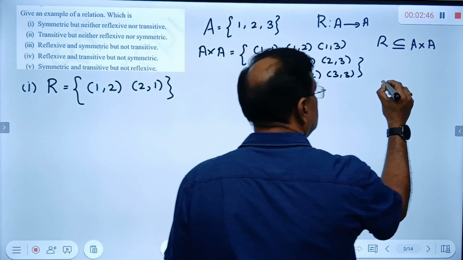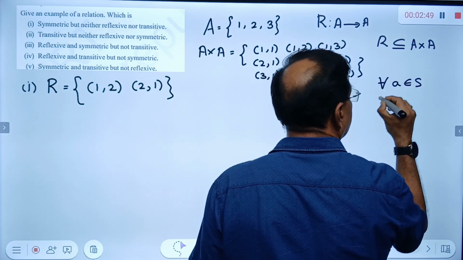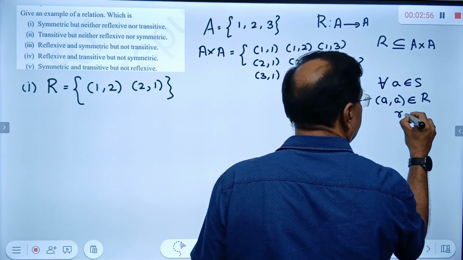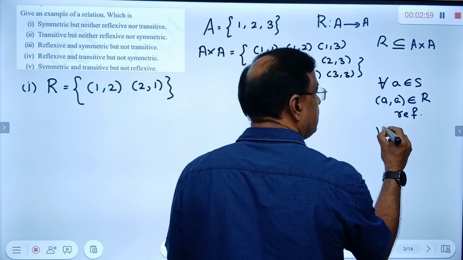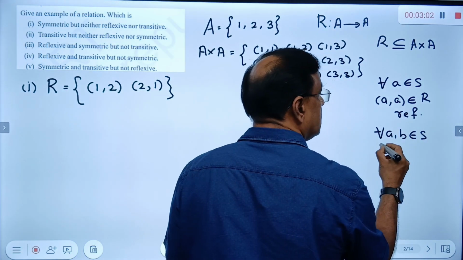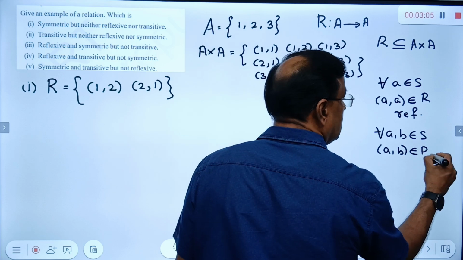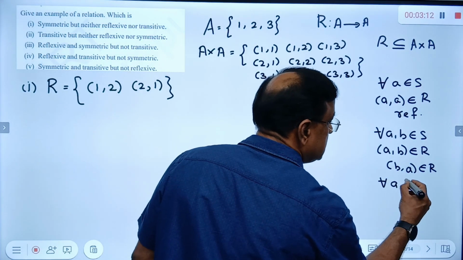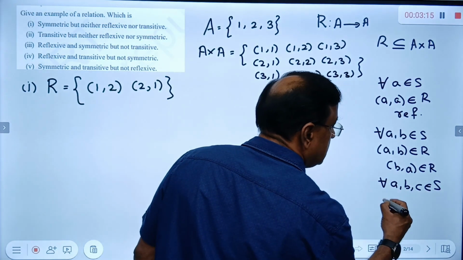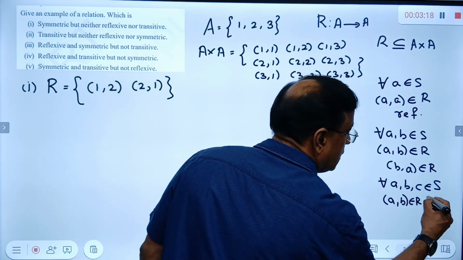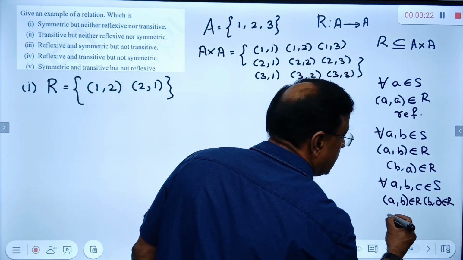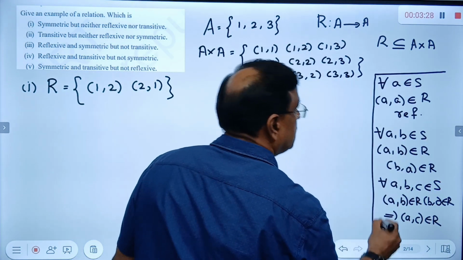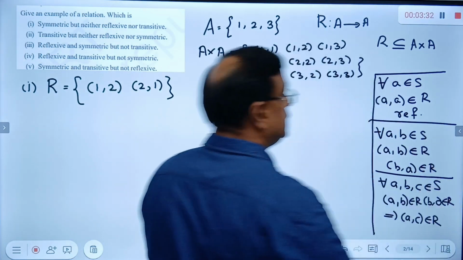Because you know, for a reflexive relation, for every a belonging to S, (a,a) belongs to R. For symmetric, for every (a,b) belonging to R, you can say (b,a) should also belong to R. And for transitive, if you take 3 elements a, b, c in S, then if (a,b) belongs to R and (b,c) belongs to R, you can say (a,c) should also belong to R. So this is the basic definition of reflexive, symmetric and transitive relation.